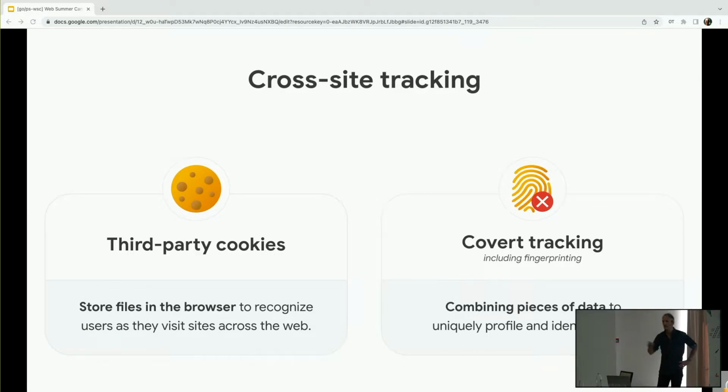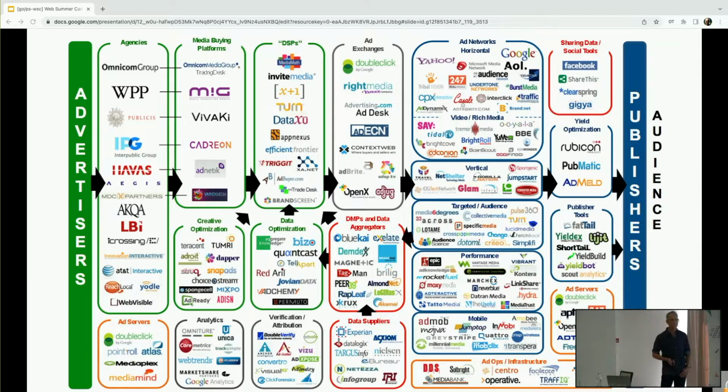Ad selection and conversion measurement and other use cases have relied on cross-site identity, using mechanisms that just weren't built with web privacy in mind. It's not just cookies, but fingerprinting is used to track behavior across sites. And of course, sites can just request user information, like email addresses and so on, and just keep identity.